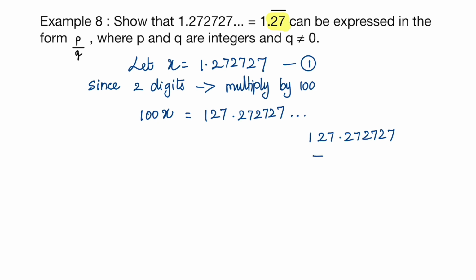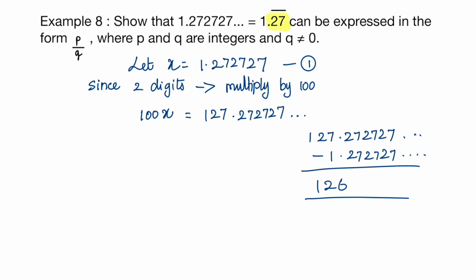What is your x value? 1.272727, and this goes on forever. Now, on subtracting this, you would get 126. Am I right? You get 126. Now, that is how we are going to split this up.